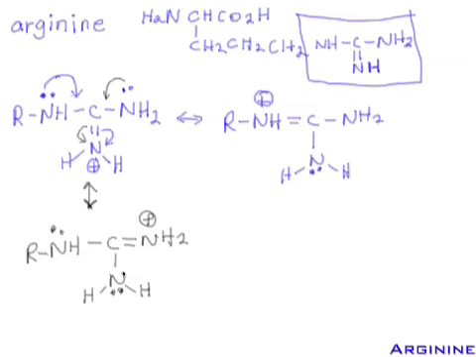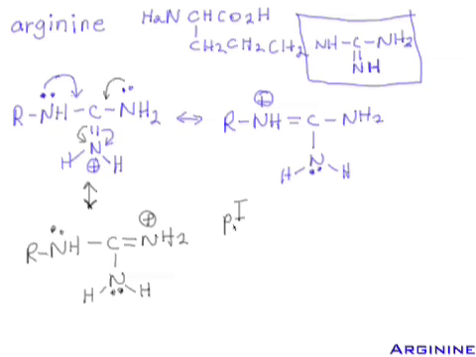Okay, well, how much more basic? Remember our isoelectric point? Our isoelectric point range for basic amino acids, it was what? A range of pH of 7.5 to 10. What is the pI value? The isoelectric point for arginine.